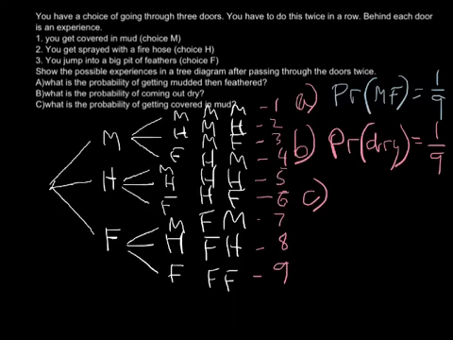For part C, the question's asking us what is the probability of getting covered in mud. Now this one is going to be any of the outcomes that have mud in them.